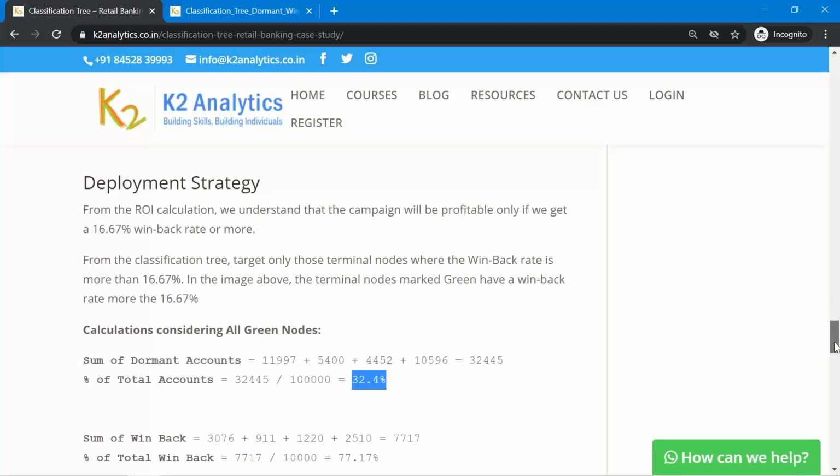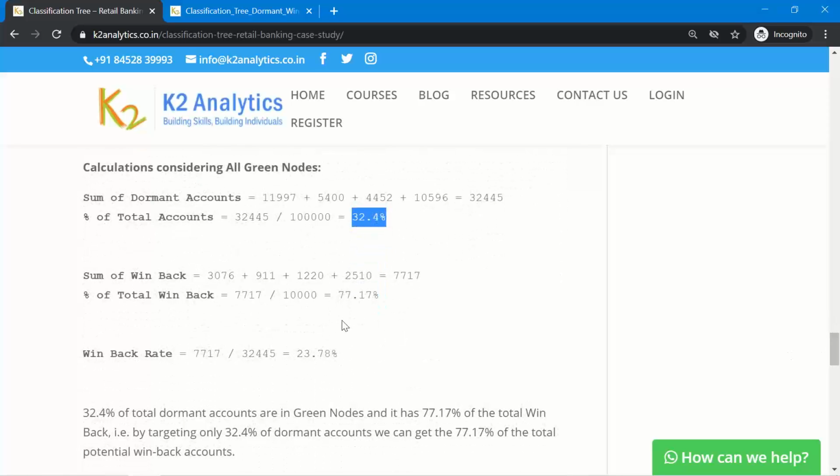Now in these green nodes, how many winbacks are there? 3076 plus 911 plus 1220 plus 2510, that is 7717. Out of the total 10,000 winbacks, 77% of the winbacks are sitting here. What it means is, just by targeting 32% of the overall dormant base, I can capture 77.17% of the potential converts.